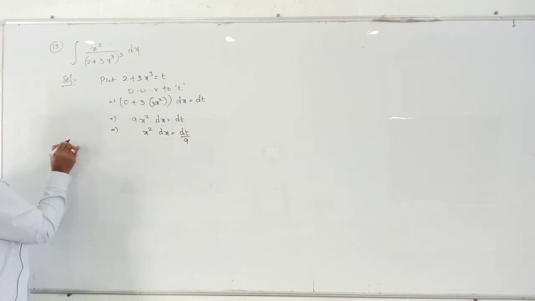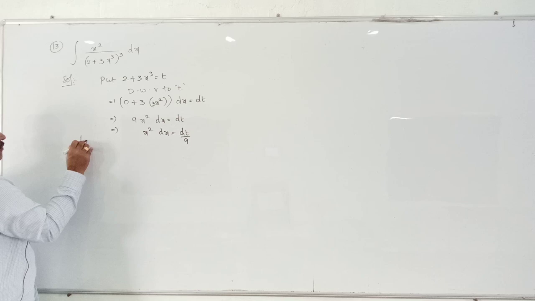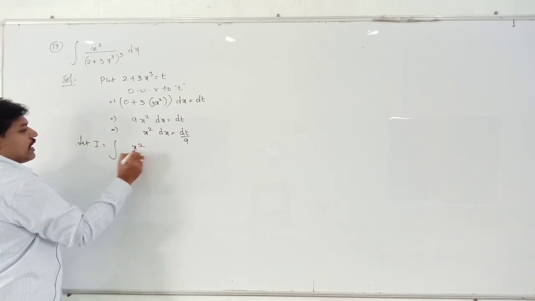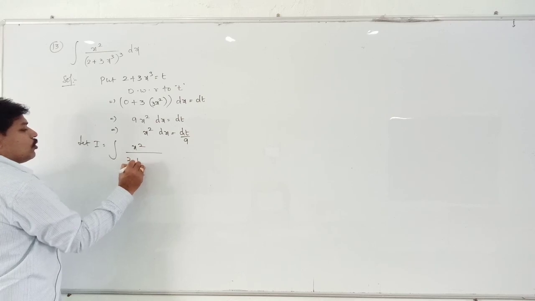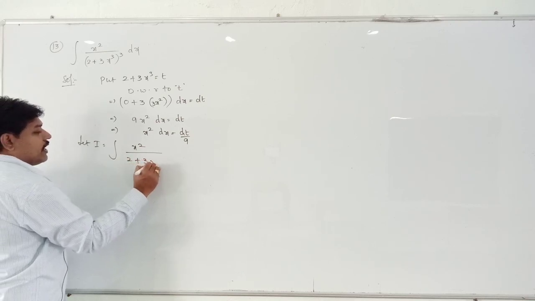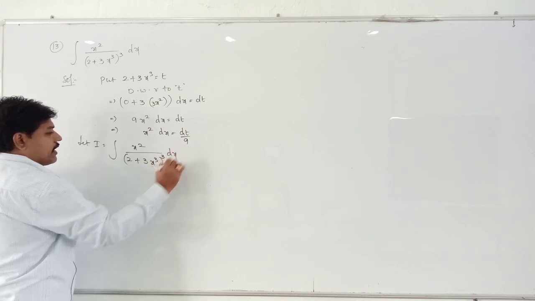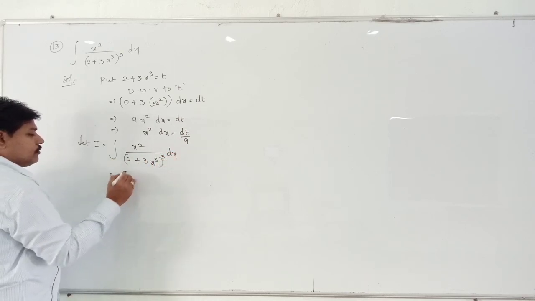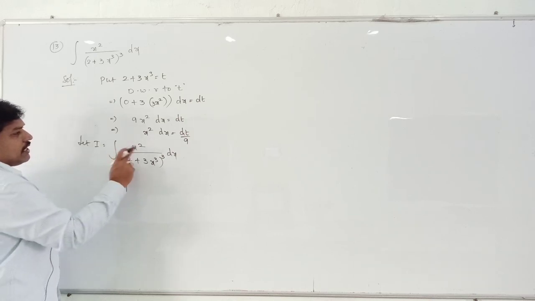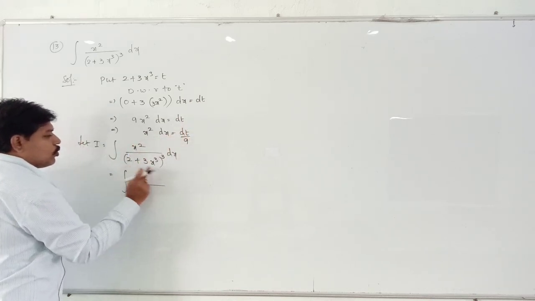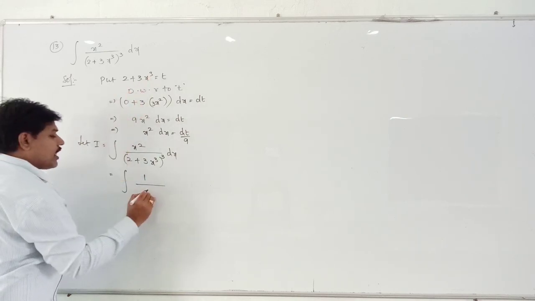So take the problem, let I is equal to integral of x square by (2 plus 3x cube) whole cube into dx. So that is equal to integral of x square into dx, value is dt by 9, so 1 by 2 plus 3x cube, value is t.